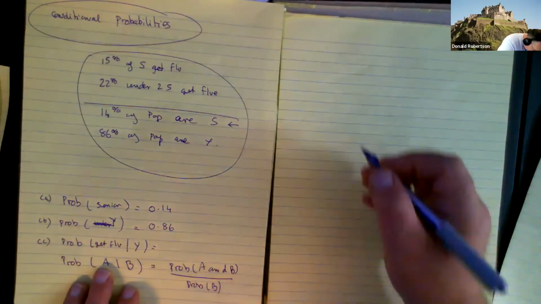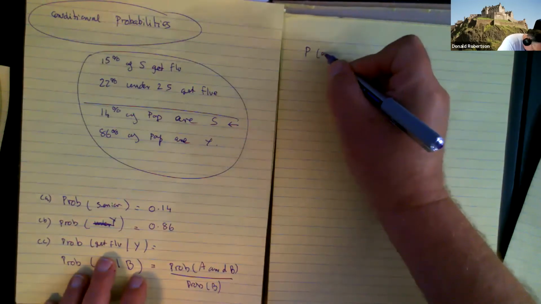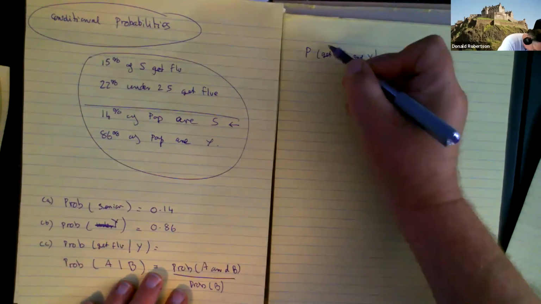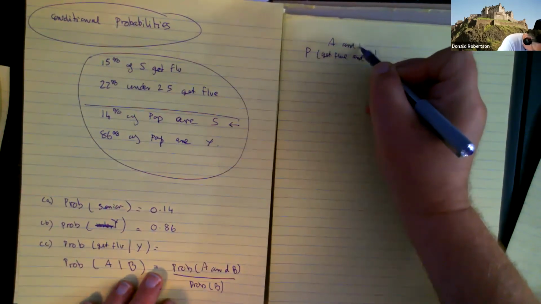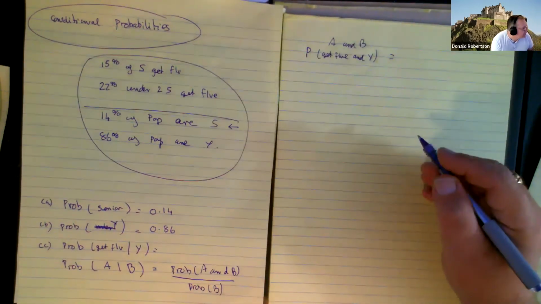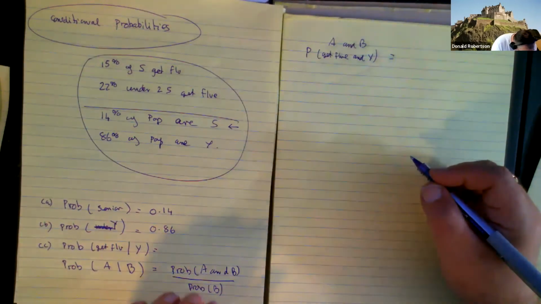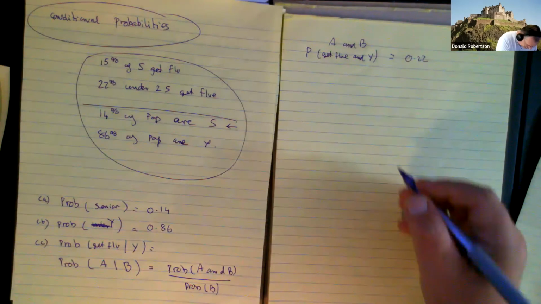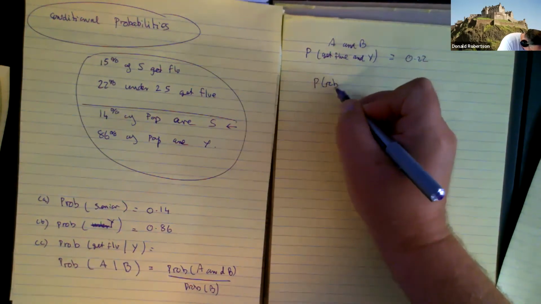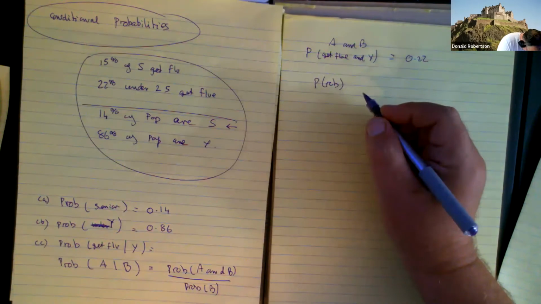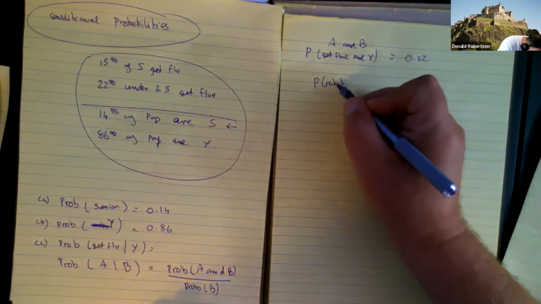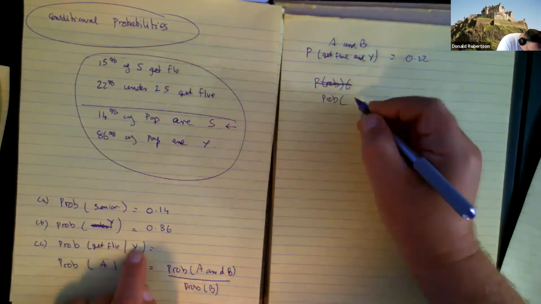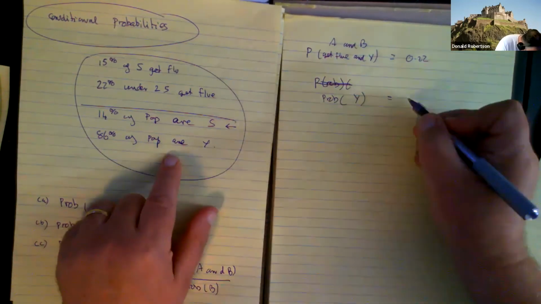So what's the probability then that you get the flu and you're young? So that's the A and B bit. Well, somewhere in this list they told me the probability that you get the flu and you're young, and the answer is 22%. And then the other one was, what's the probability of B? The probability of being young, and we know that as 0.86.